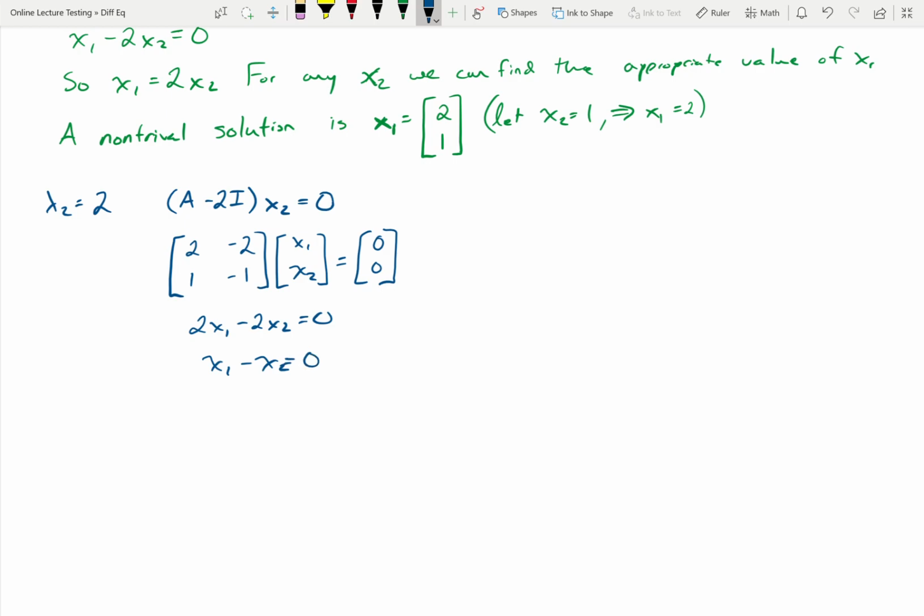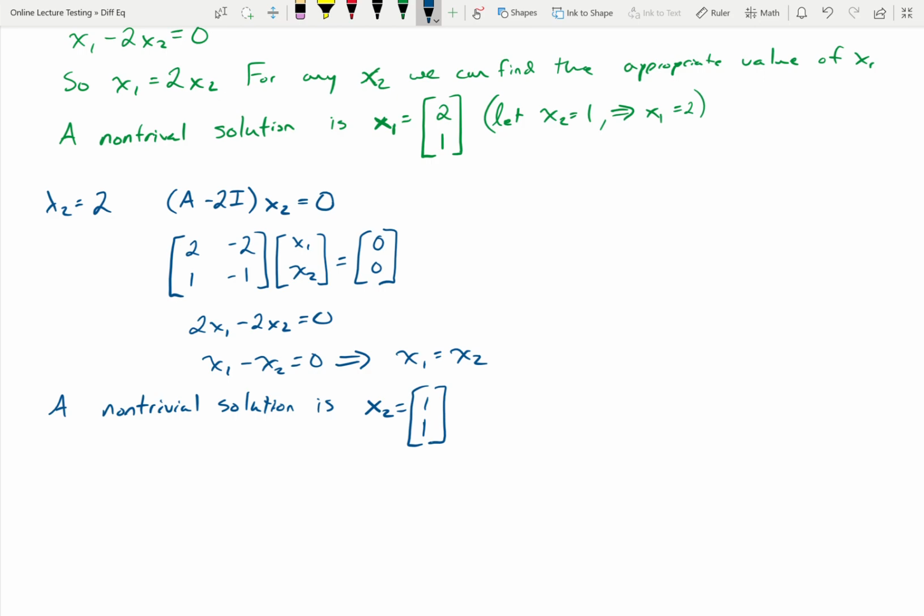So notice that those are just a constant multiple of each other, or scalar multiple. So in this situation, this implies x1 is equal to x2. So I can choose any value for x1 and I get x2 automatically. So again, a non-trivial, a non-zero solution is x2 is equal to, and we'll stay small, 1, 1.